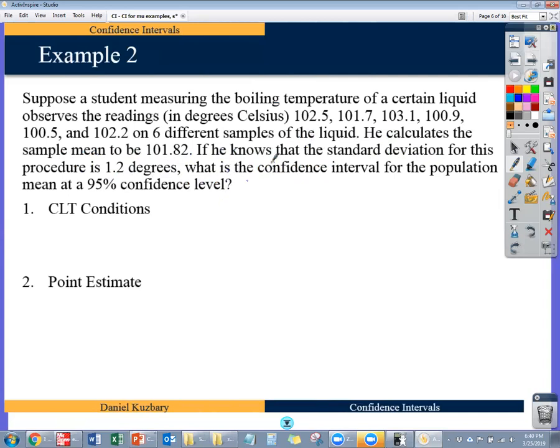Okay, so the first thing I want to do is check my central limit theorem conditions. Since n is not greater than 30, I want to see if this is a normal population, and I think we're going to be okay here. A rudimentary way to check if the population is normal is to plot the data on a histogram or a dot plot.